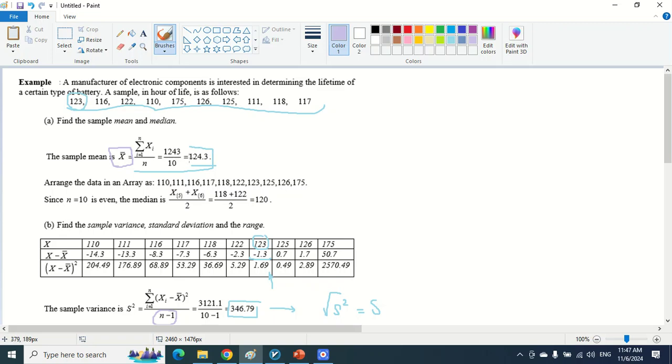Then you find the difference of each data point from the average, square it, and take the average of them, but with one difference: you put n minus 1 at the denominator, if the data are given as separate values and not in a table.